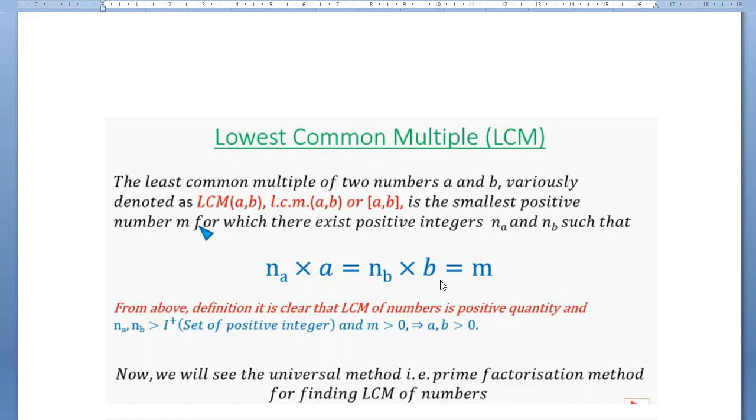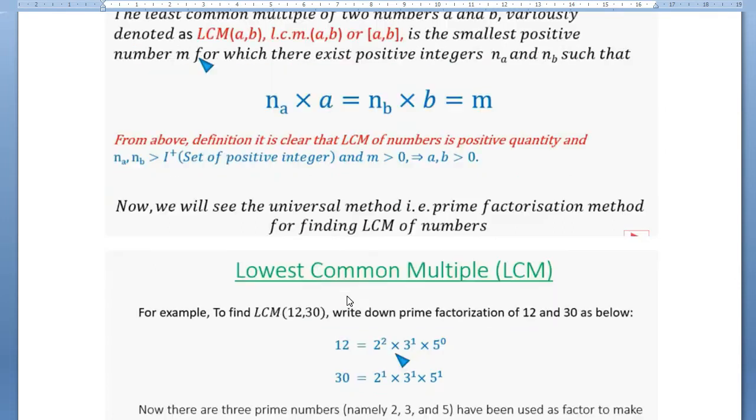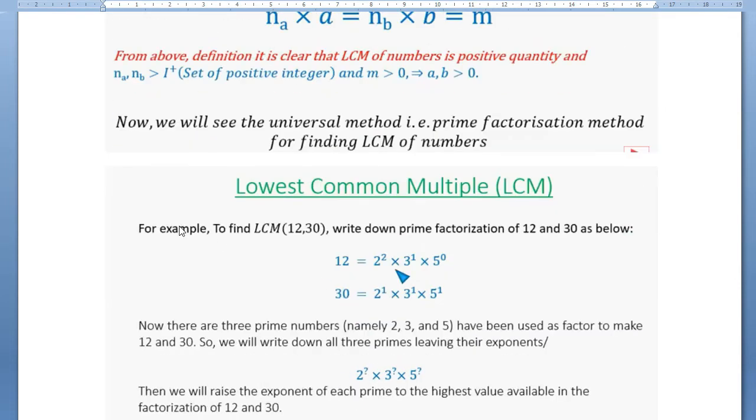Now we will see the universal method, actually the prime factorization method, for finding the LCM of numbers. Let's go through this example: the LCM of 12 and 30.